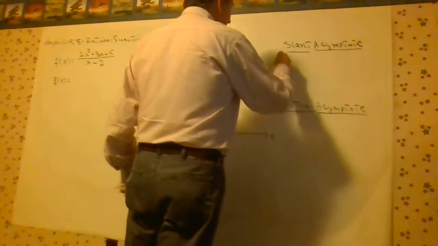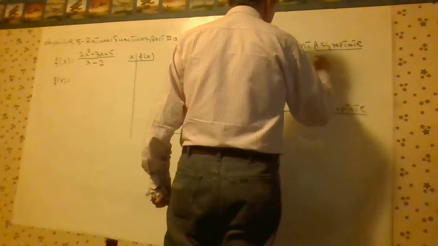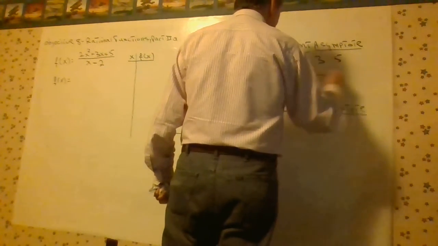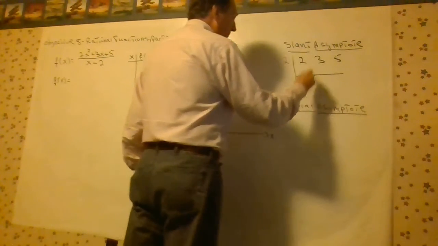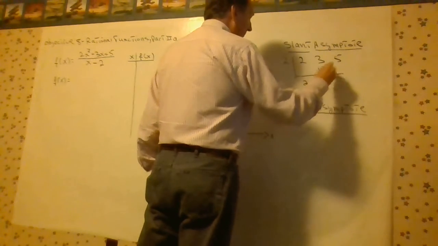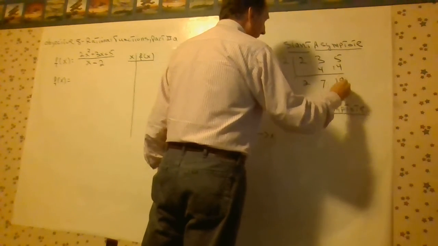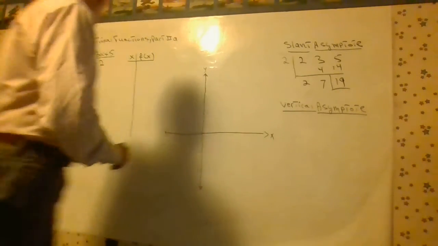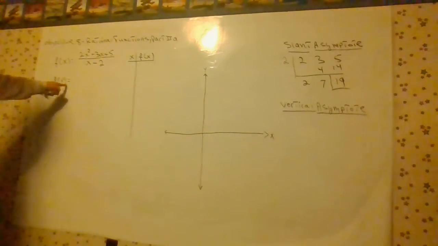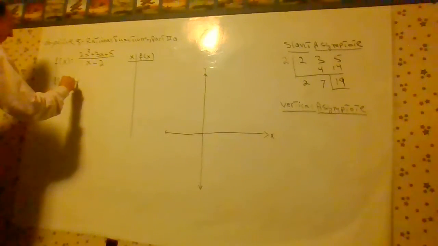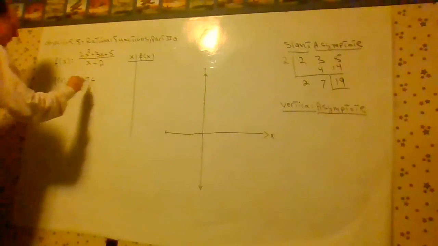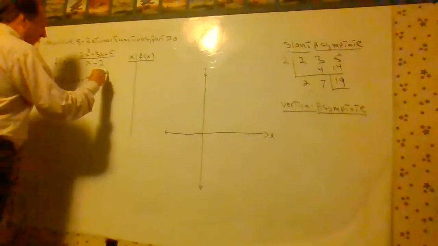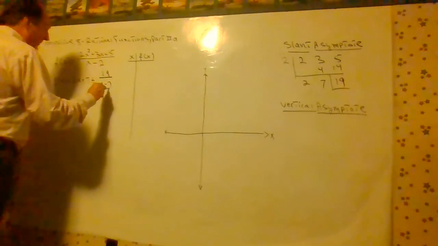And we're going to divide 2 into 2, 3, 5. And so bring down the 2, multiply, add, that's the remainder. What happens is this function, we can rewrite this as 2x plus 7 plus 19 over x minus 2.